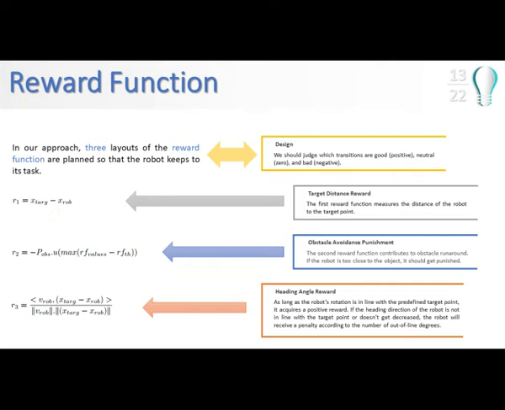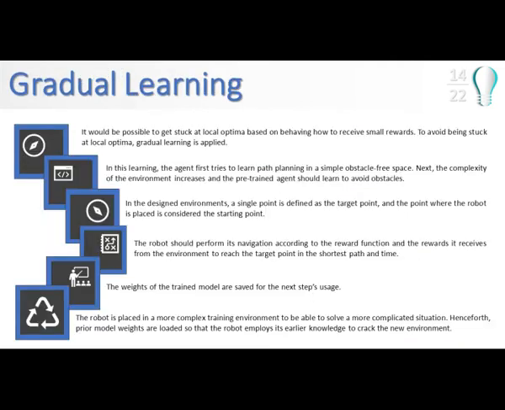So we have talked about the three-layer design of the reward function, and we've used gradual learning for this matter. We trained using a simple environment, for example, without any obstacle in it, just getting to the target point, and we saved the weights of the simple environment.